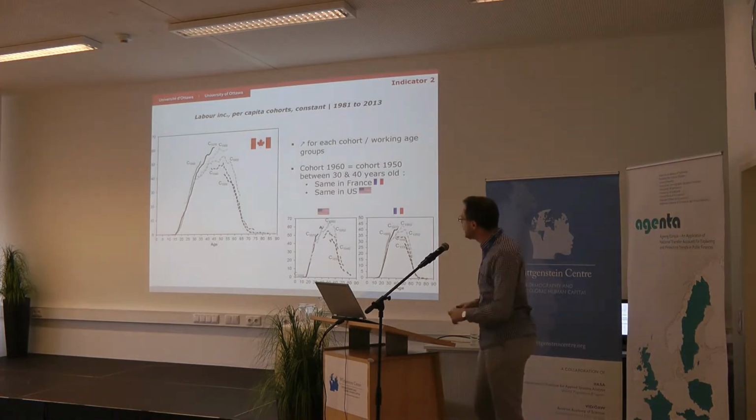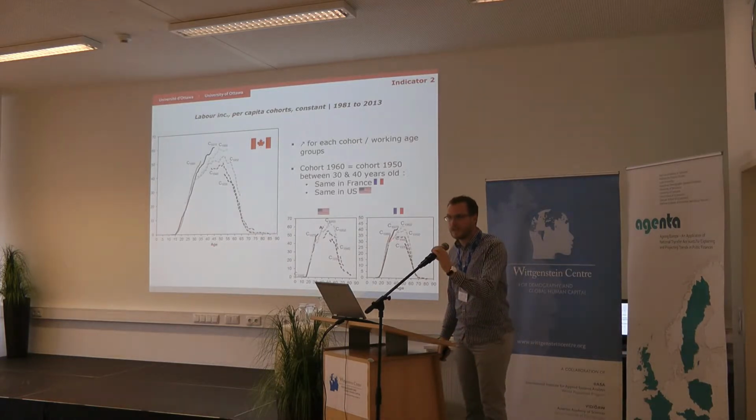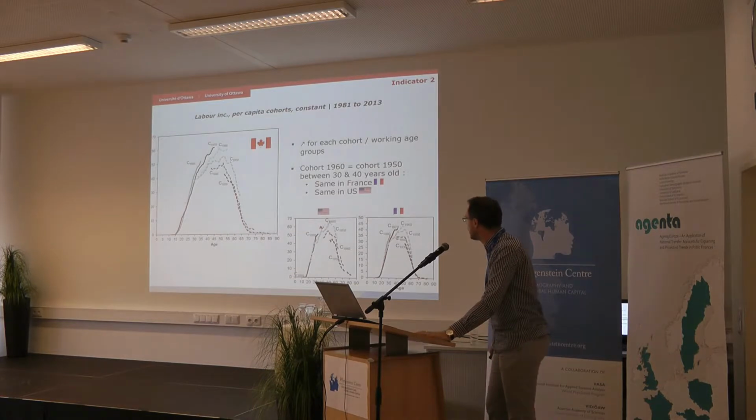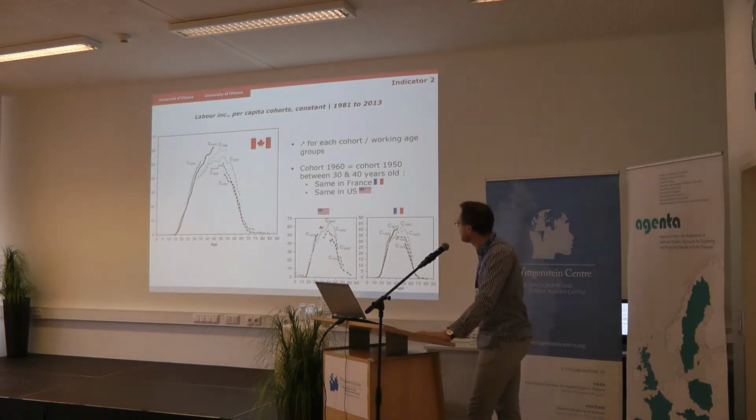But there is an interesting fact here, and we have it for Canada, for the US, and for France. Labor income of cohorts 1950 and 1960, and you know that very well, Hippolyte, remains the same over time. You find exactly the same effect in the three countries.